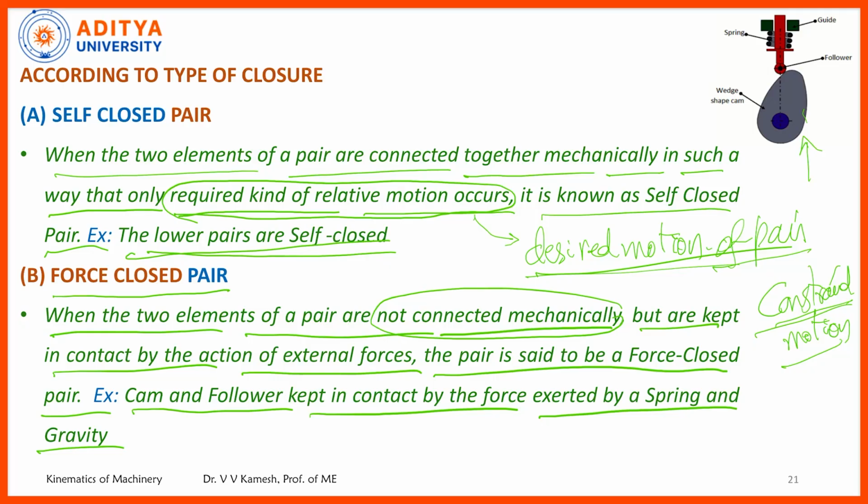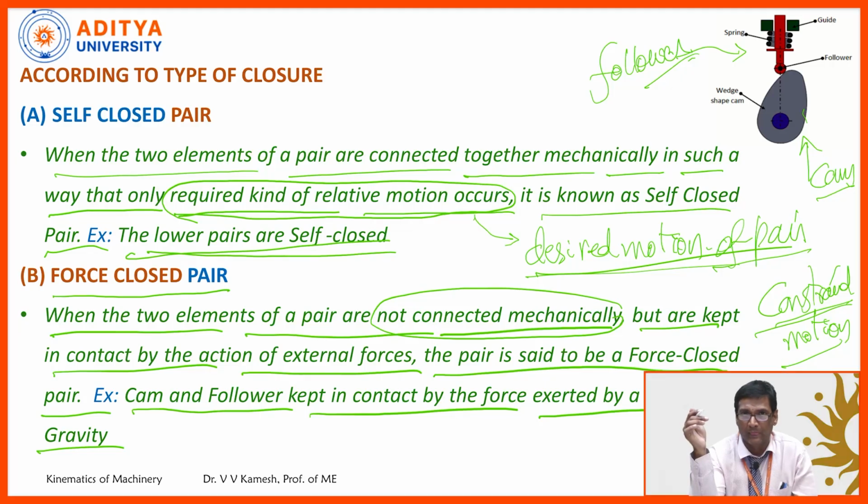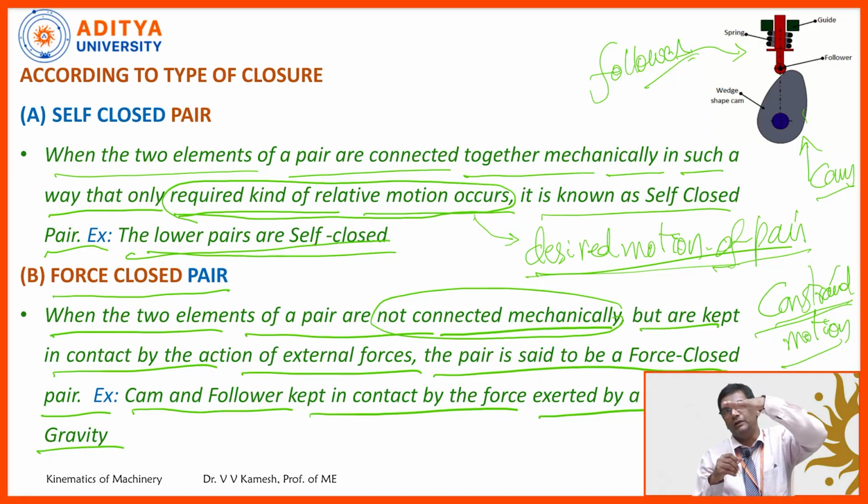This is the cam and this is the follower. There is no direct mechanical connection between the cam and the follower, right? So, the cam will rotate like this and the follower will touch it. Why is the touch maintained between the cam and the follower? By means of an external spring pressure, and due to gravity.